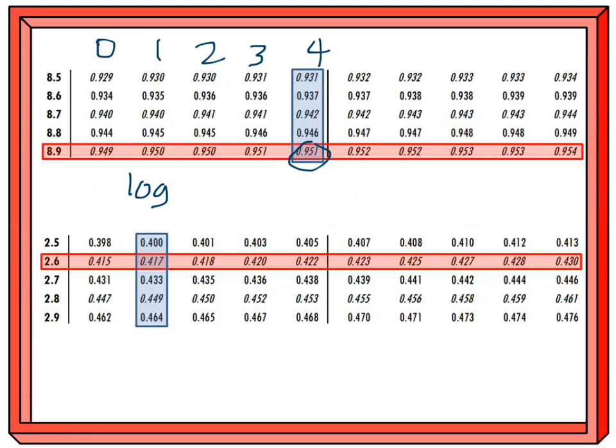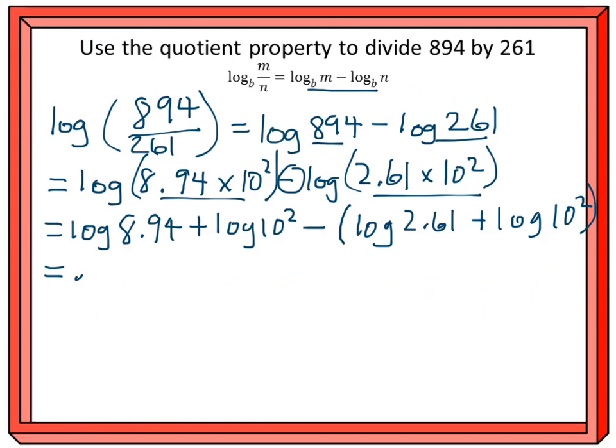So the log of 8.94 is equal to 0.951, plus the log of 10 squared, which is 2. It's just that exponent right there because these are inverses, they cancel out.